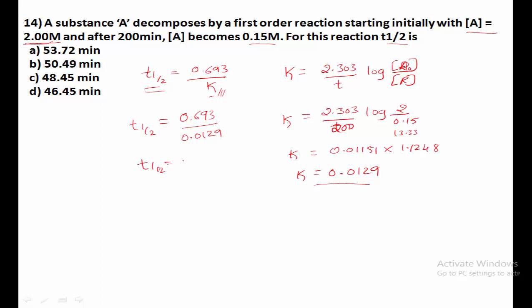It is 53.72 minutes. So this is the answer. This is how you need to find the t half value. If they have not given the k, first you need to find the value of k, and after that find the half-life of that reaction. So option A is the right answer.